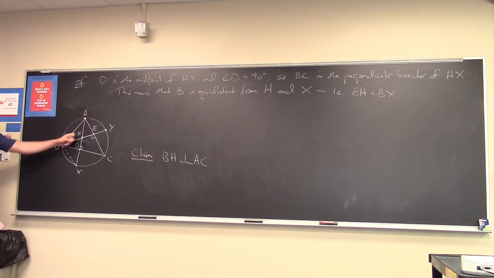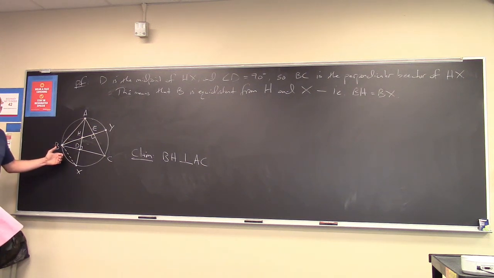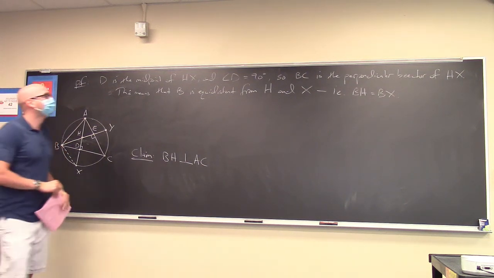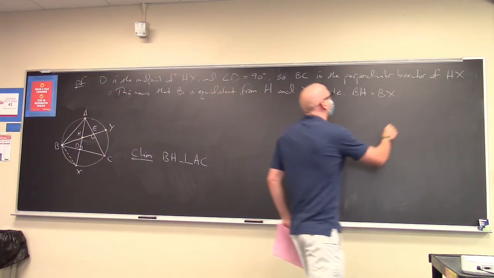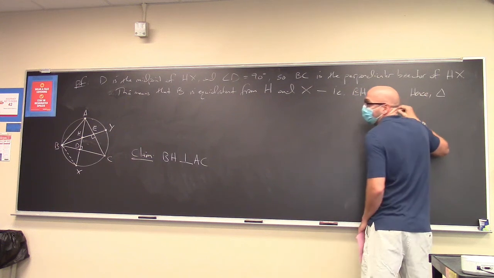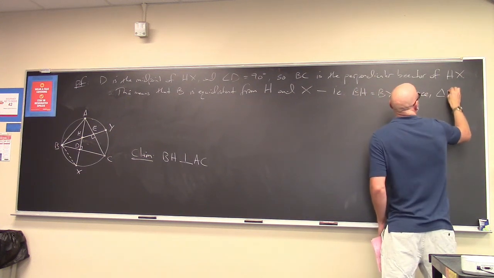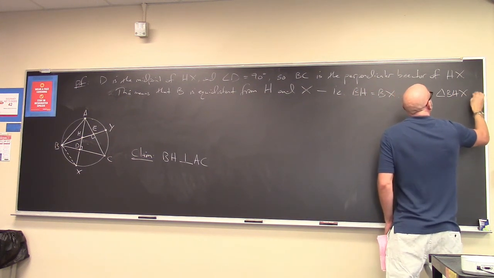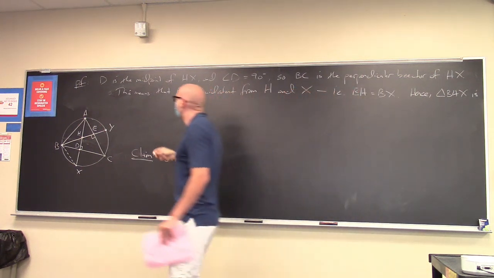That means that this triangle BHX is very special. What type of triangle is it? Isosceles. Hence, triangle BHX is isosceles.